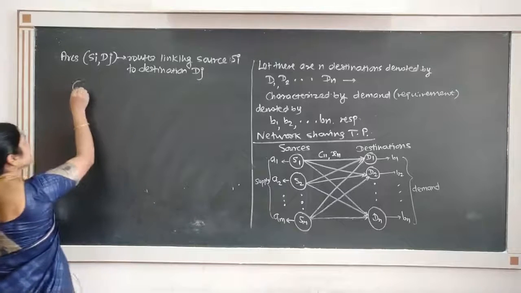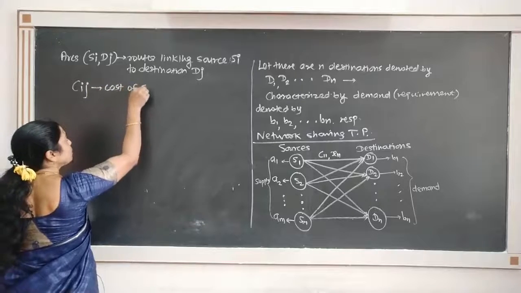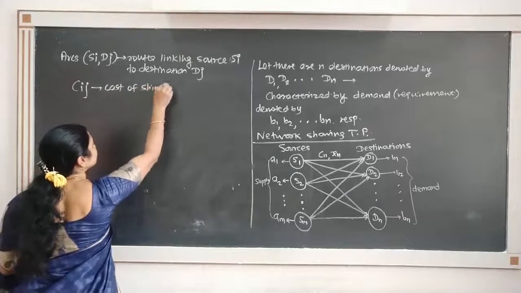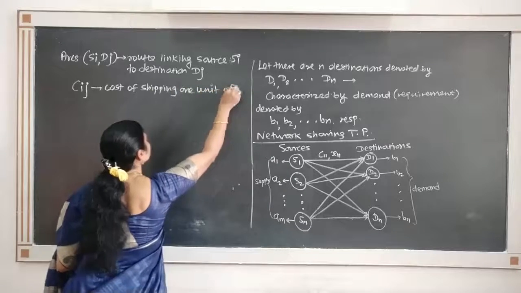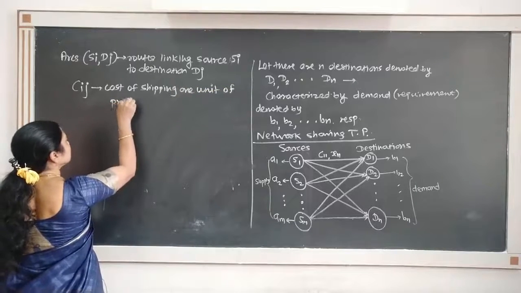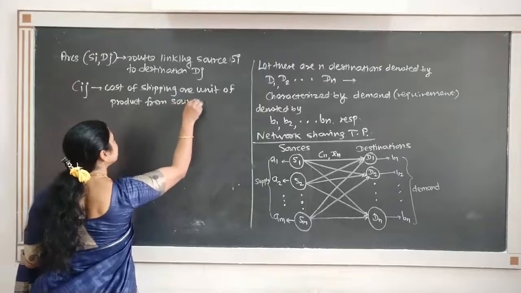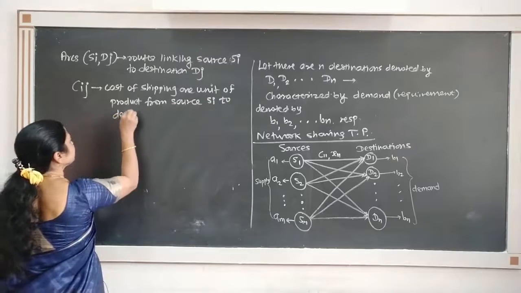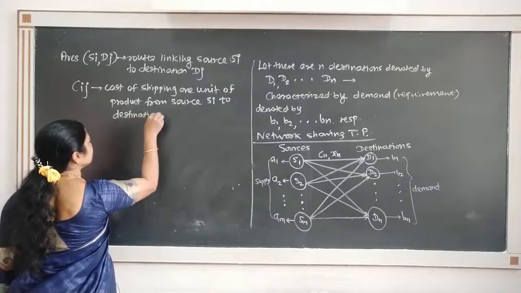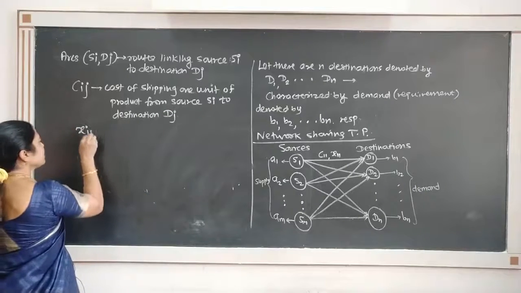What is meant by Cij? Cij is nothing but the cost of shipping one unit of product from source Si to destination Dj. And what is Xij?